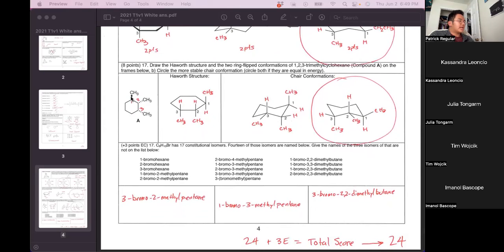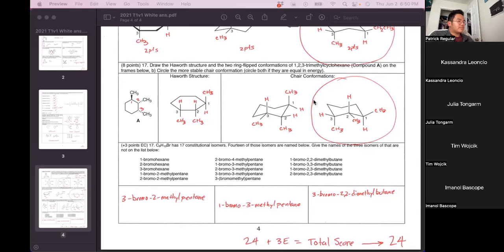We have top side, bottom side, bottom side. So top side, bottom side, bottom side. Top side axial, top side equatorial, top side axial, top side equatorial, or bottom side equatorial, bottom side axial, bottom side equatorial. We see that here. We have the top side axial, equatorial, axial, equatorial, axial, equatorial.